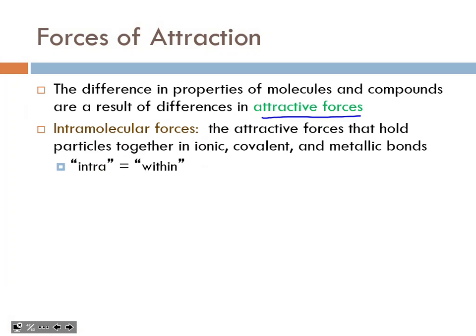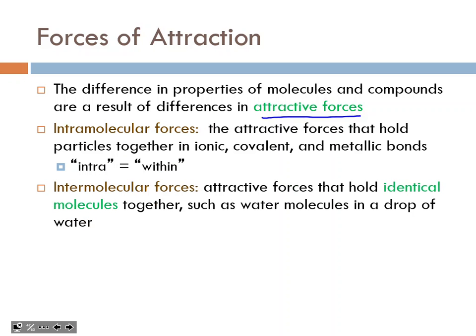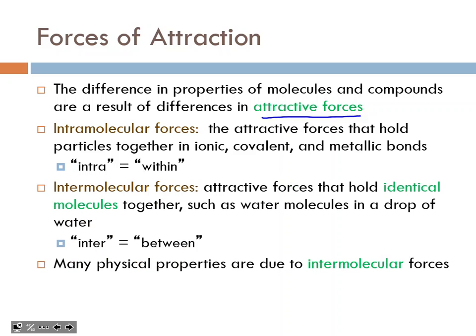So an actual covalent bond or ionic bond or metallic bond, those are within the molecule. Those are called intras. Now, intermolecular forces are attractive forces that hold identical molecules together, such as water in a drop of water or a glass of water, okay? And they are due to these intermolecular forces.